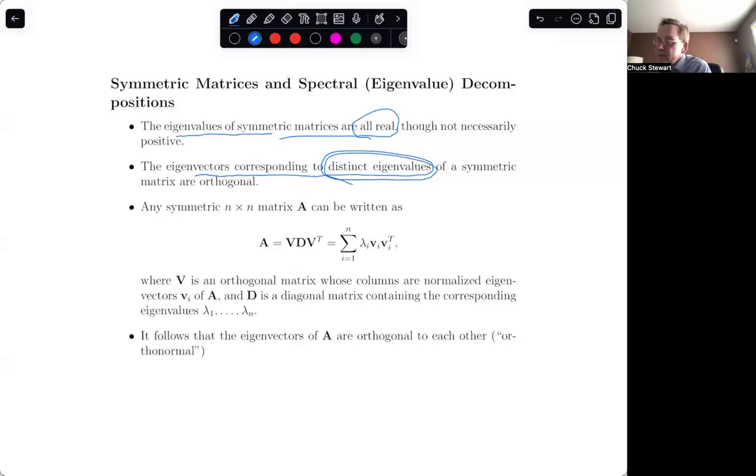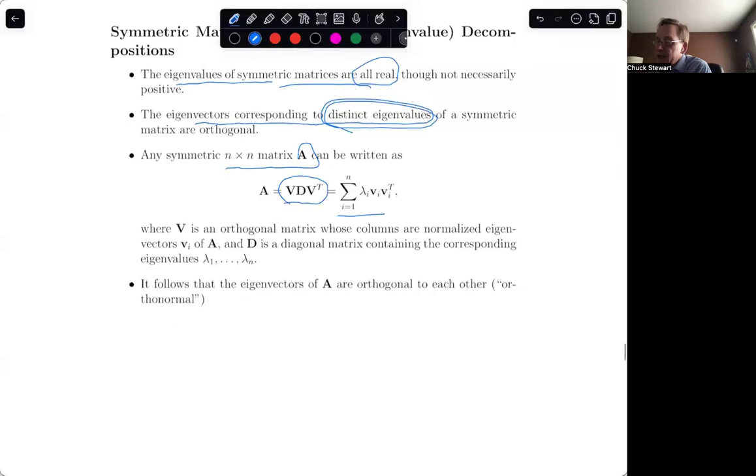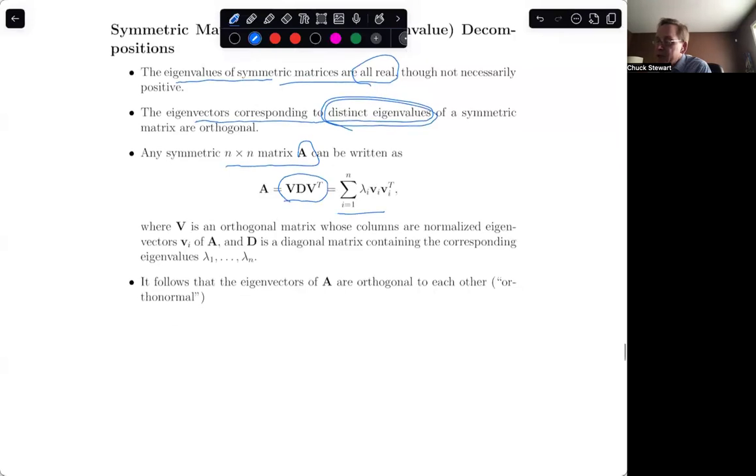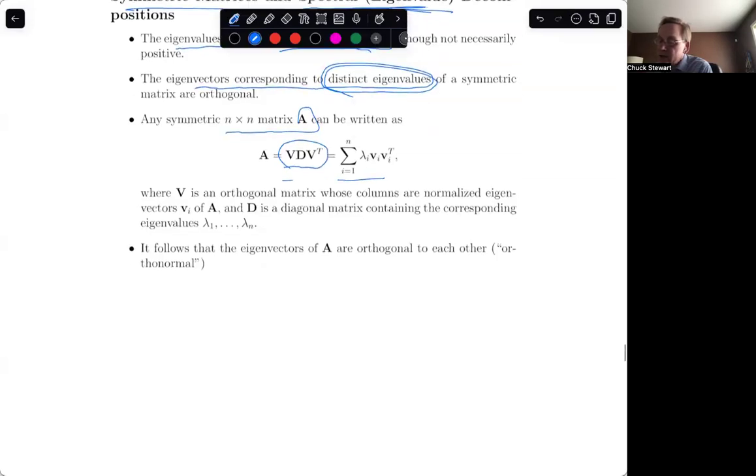And any symmetric matrix A can be written in this form, V D times V transpose, or this summation, which I'll explain in a minute. Any symmetric matrix can be written this way, and this is called a symmetric, or spectral, or eigenvalue decomposition. It is an extremely important decomposition.